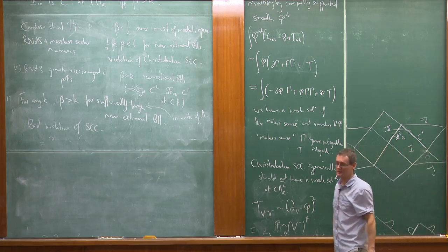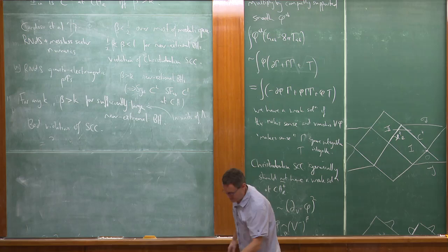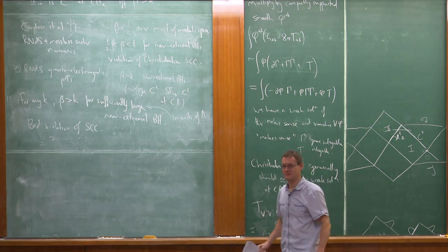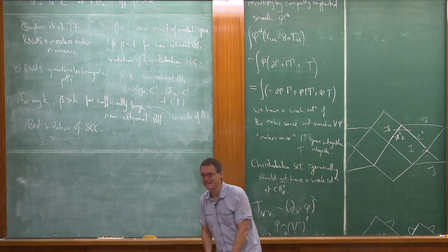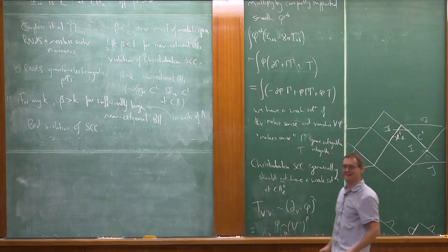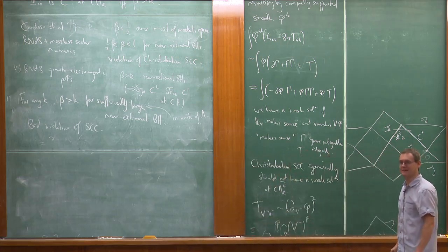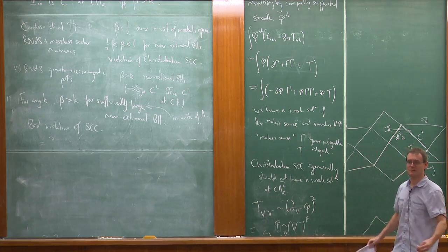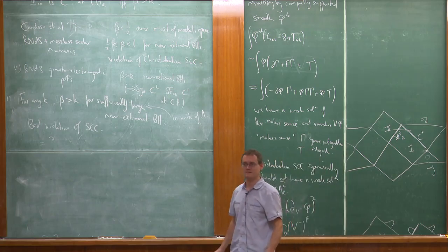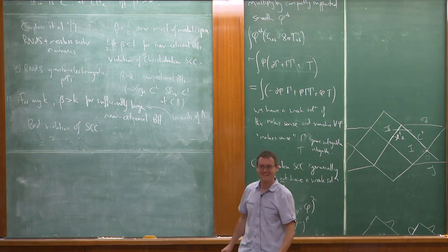I think there's a way out, which I will discuss, but it comes back to whether you insist on your initial perturbation being smooth or not, and what exactly that means. This is supposed to be true for generic perturbations, but what do you mean by generic? Everything I've said so far, by generic I mean generic smooth initial data.